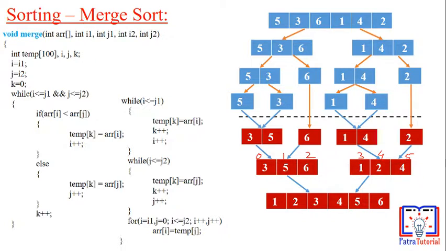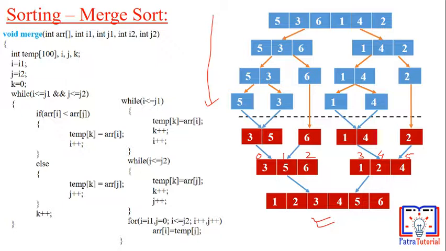So this is the final array we are getting after applying the merge sort function. First we divide the array into different sublists, each having only one element, and then we combine the sublists into a single sorted list.